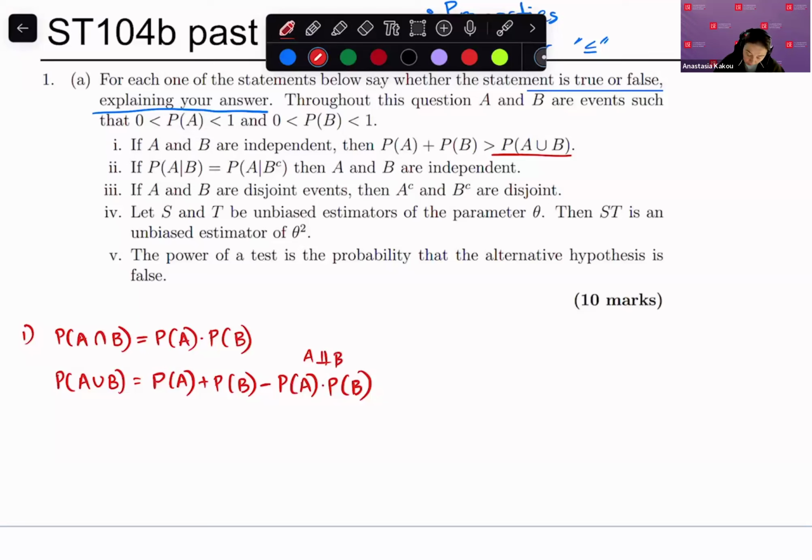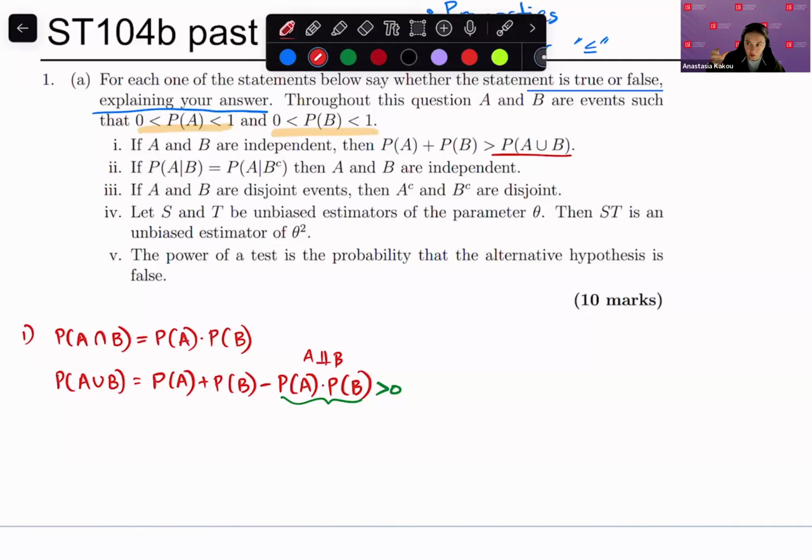Another thing that is given, which I haven't yet highlighted, is that these probabilities are strictly positive. They cannot be zero, which means this product term is strictly positive.